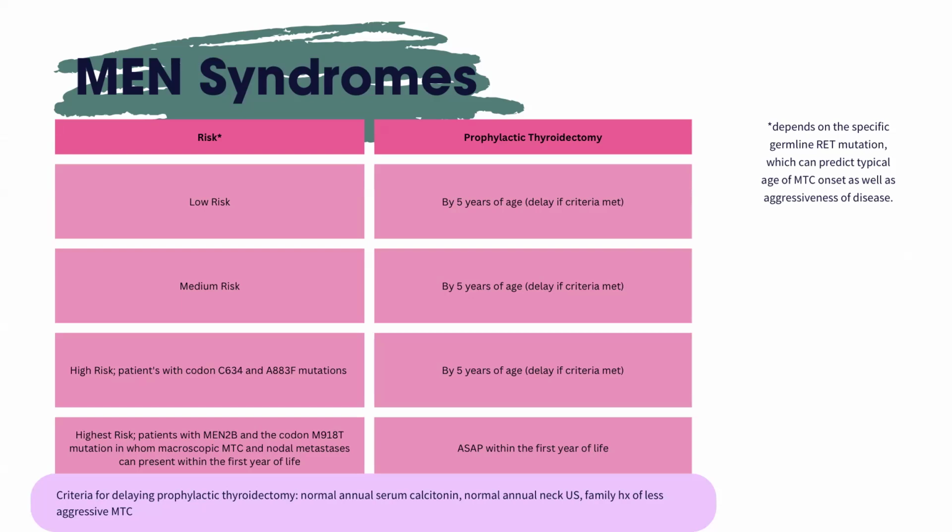The low, medium, and high risk can be done up until 5 years of life. If the parents don't want surgery, you can delay if they have normal annual calcitonins, normal annual ultrasounds, and a family history of less aggressive medullary thyroid cancer. But for the most part, 5 years of age for MEN2A and 1 year for MEN2B.